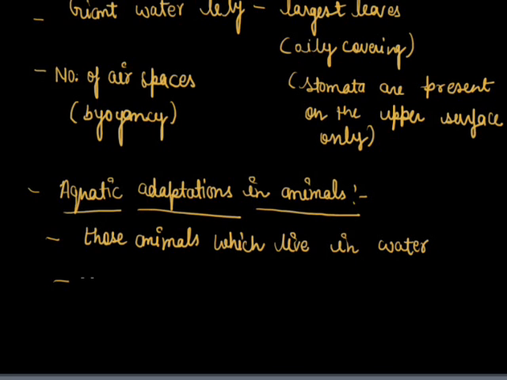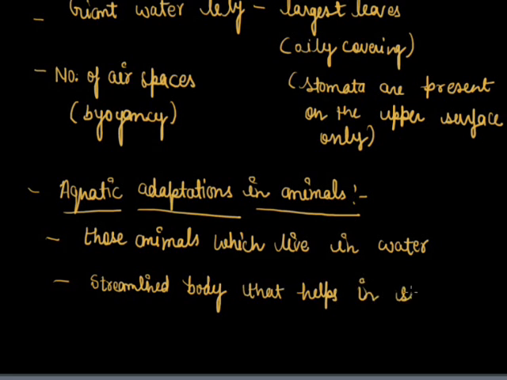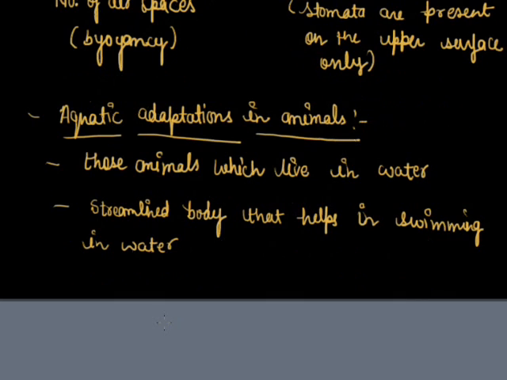First, they have a streamlined body that helps in swimming in water. For example, fish. A streamlined body gives least resistance to swim in water.